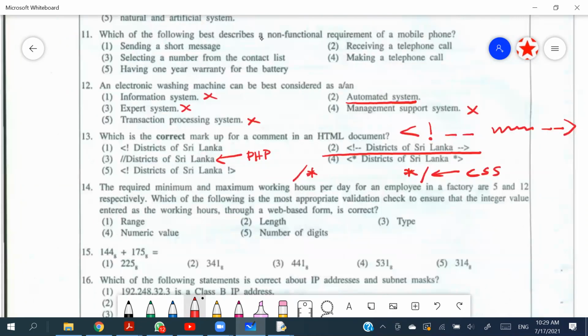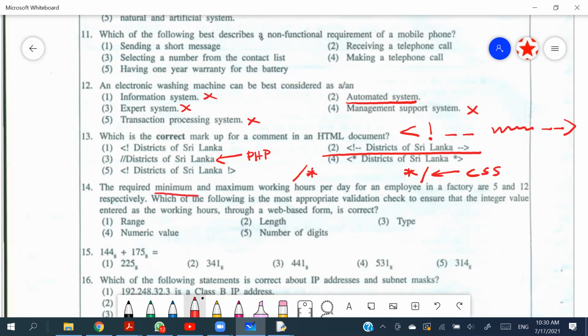14th, the required minimum and maximum working hours per day for an employee in a factory are 5 and 12 respectively. Which of the following is the most appropriate validation check to ensure that the integer value entered as the working hours through a web-based form is correct, right? Now it says integer value, right? So the type is being given there, right? So the minimum and maximum working hours per day is 5 and 12, they say.